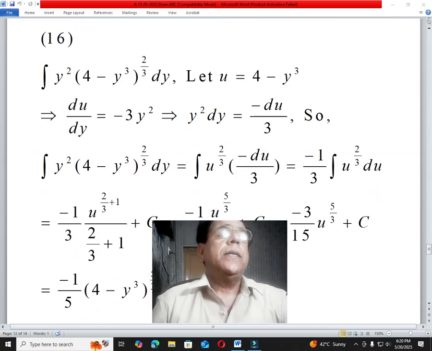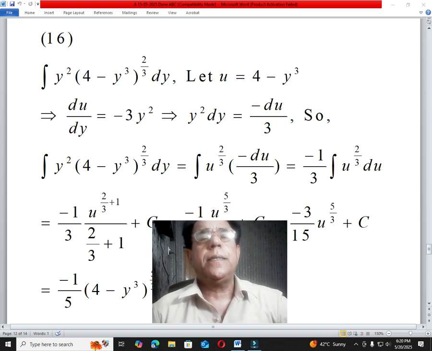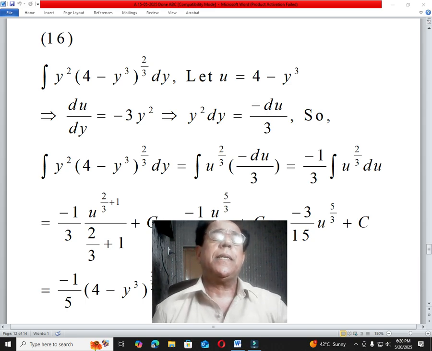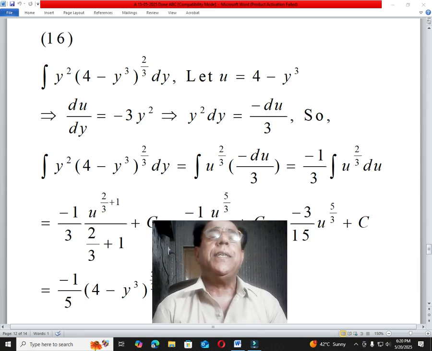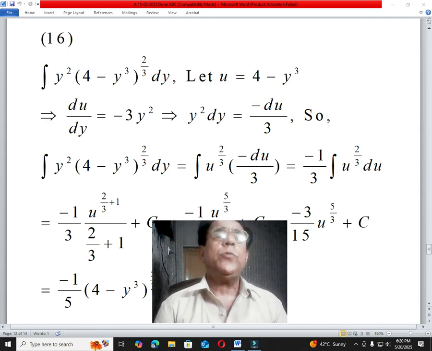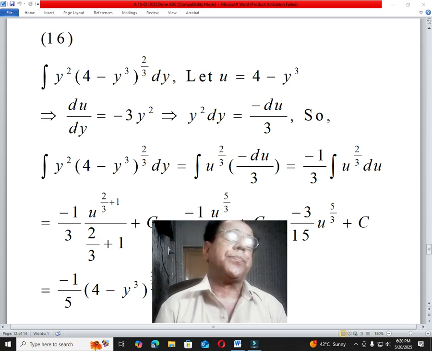16. Integral y square into 4 minus y cube raised to power 2 by 3 dy. Let u equal to 4 minus y cube. We are going to make this substitution, that is 4 minus y cube is equal to u. When u is equal to this, then du by dy will be equal to minus 3y square.